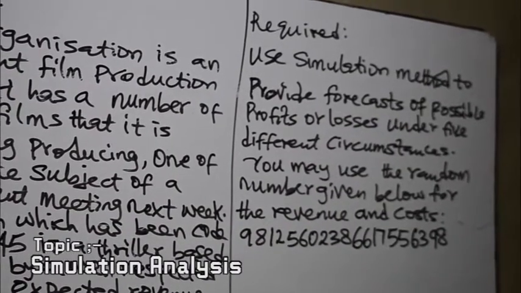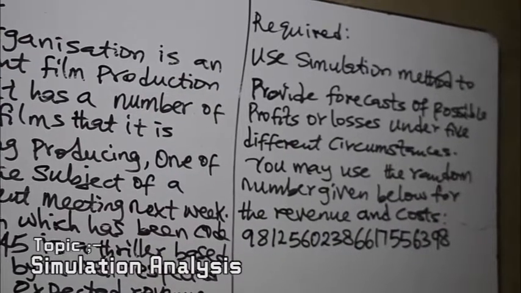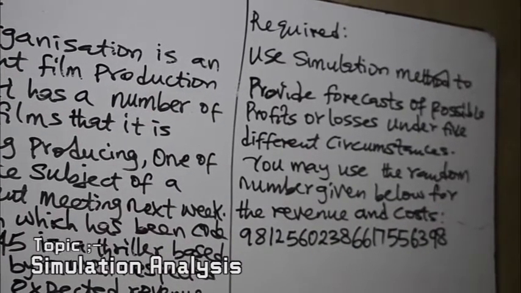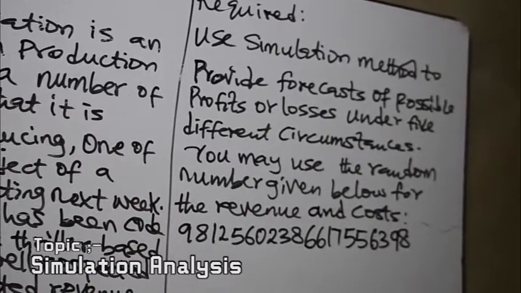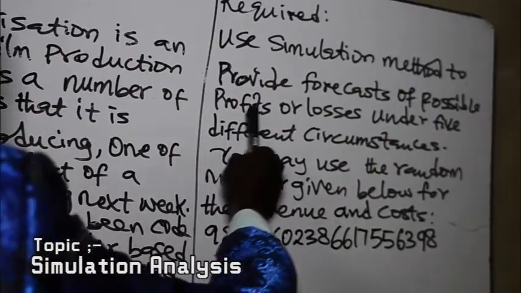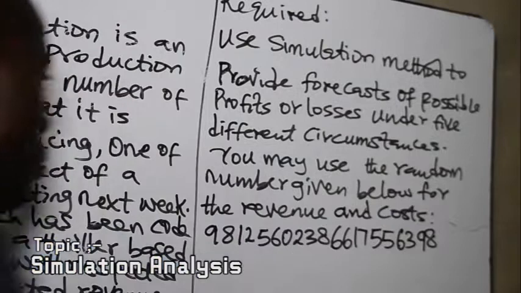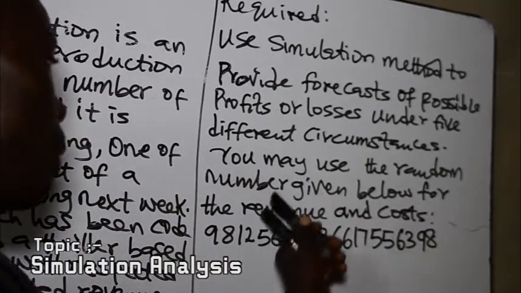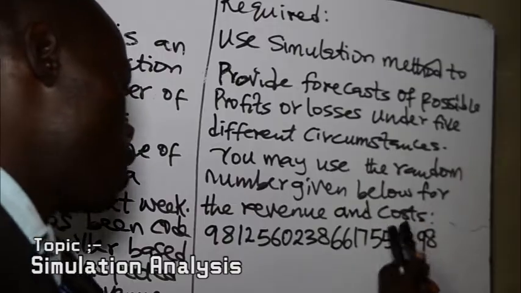Use the simulation method to provide forecasts of possible profits or losses under 5 different circumstances. You may use the random numbers given below for the revenue and cost.